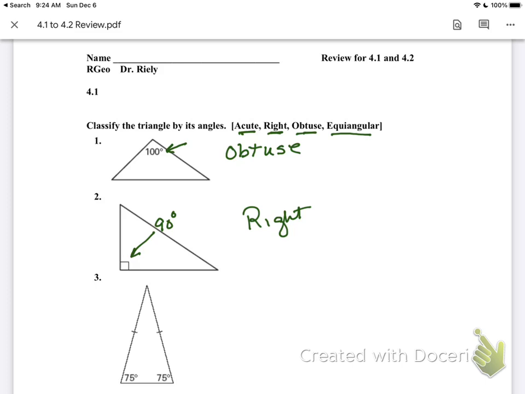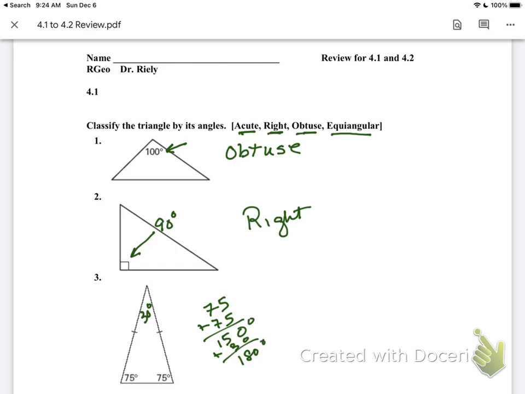So 75 plus 75 gives me 150. That means there must be 30 degrees left in the rest of the triangle, because every single triangle has to have exactly 180 degrees. No more, no less.